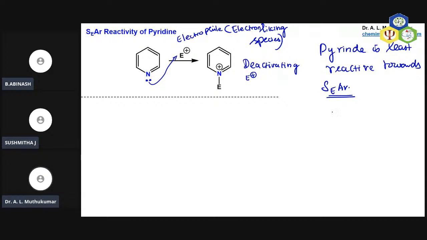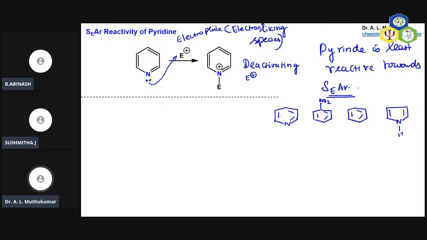Suppose they are asking a question like this: you can have a simple benzene, a nitrobenzene, something like pyridine here, and a compound like pyrrole.